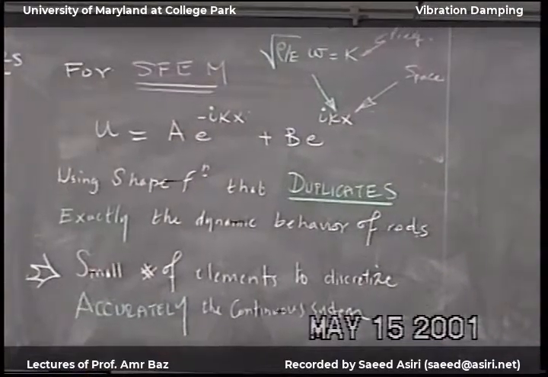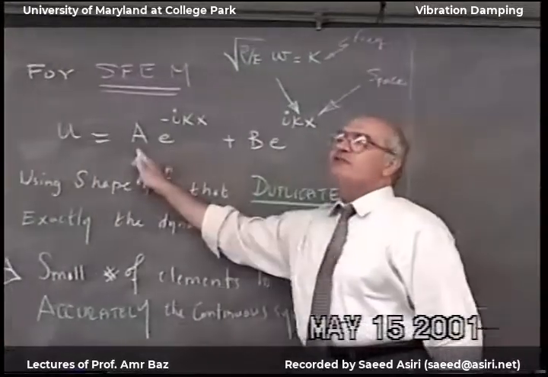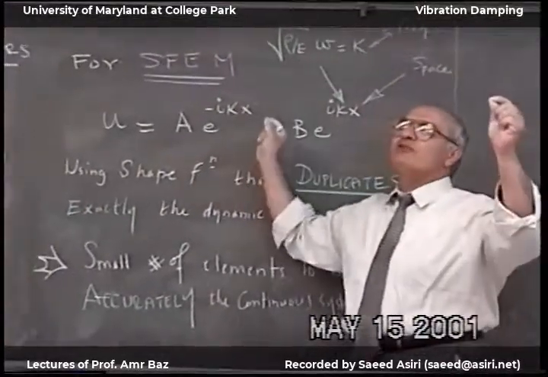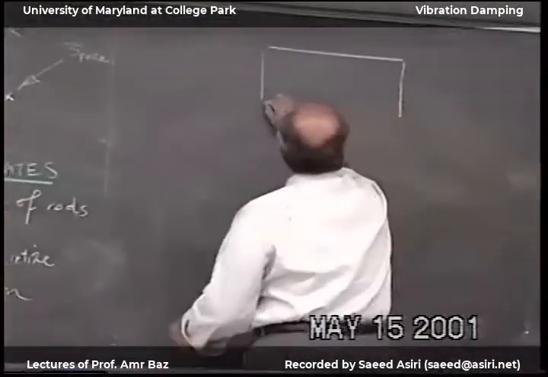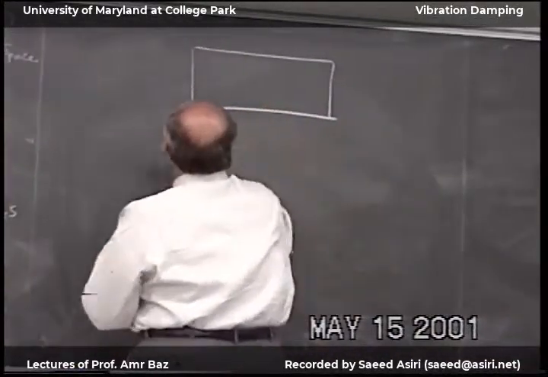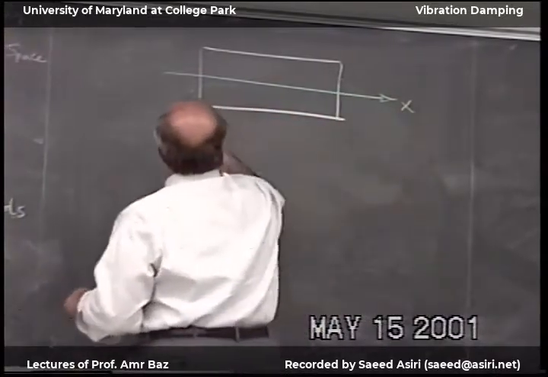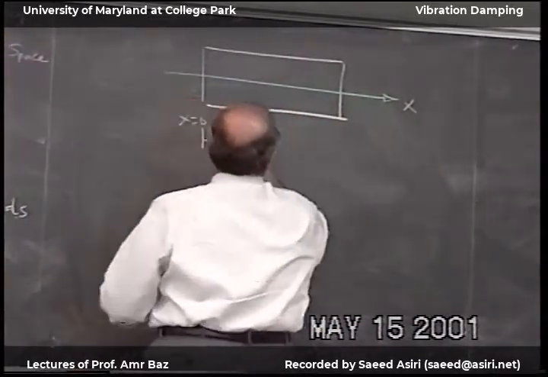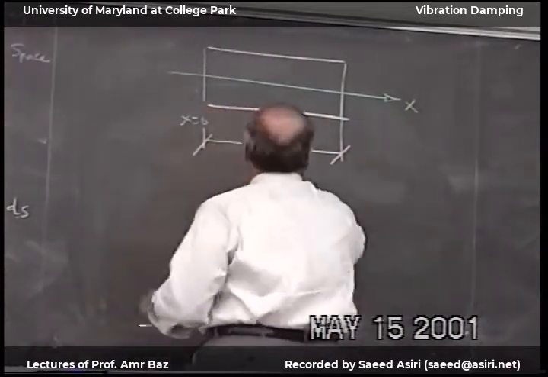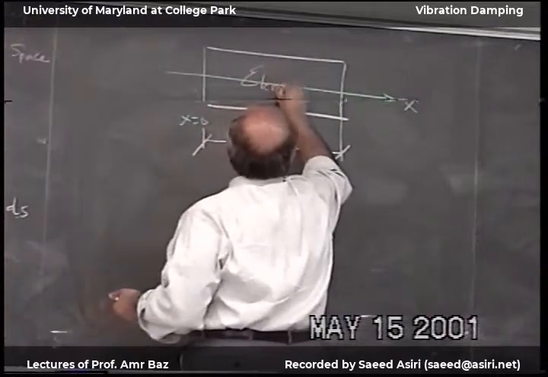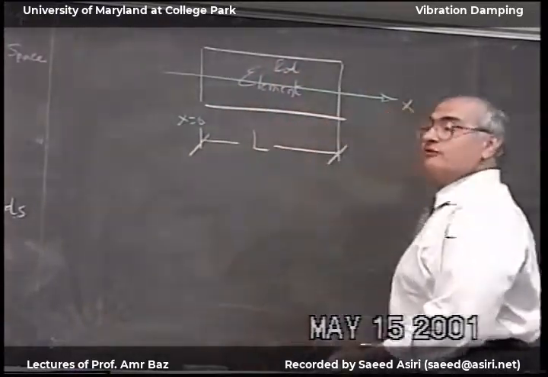So now I have 2 constants, A and B. So I'm going to write these constants in terms of the nodes bounding the element. So I have an element. And this is my x-axis. x is equal to 0. This is the element of the rod.